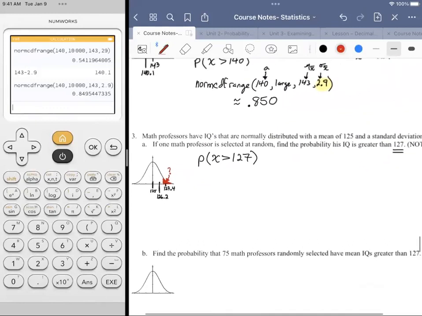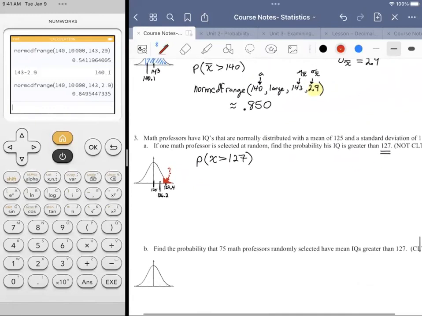This is sort of tongue in cheek, but the idea was: if the real population has a standard deviation of 10 and math professors are already in the unusually high range, then we're all incredibly smart. That's one aspect of it.